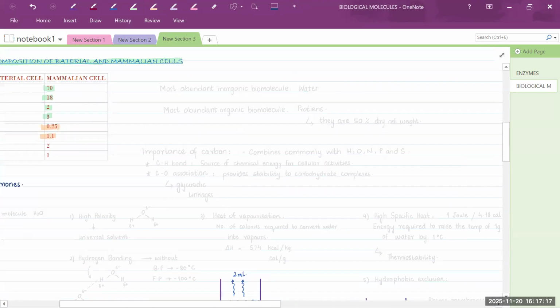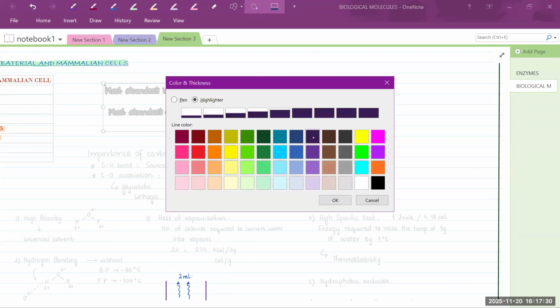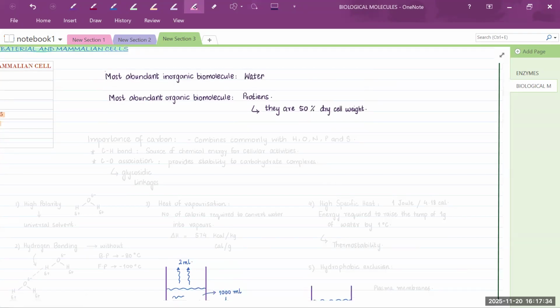Before we move on to water, we have some more key sentences that you need to remember and which are very important. So we have these two. The most abundant inorganic molecule we have in our body is water, and the most abundant organic biomolecule is protein.